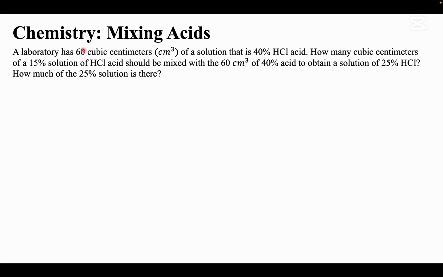So we know we have 60 cubic centimeters of this 40% solution, but we don't know how much of this 15% solution we have. Here's a table. So we're going to let x be the amount of that 15% solution of HCl acid.